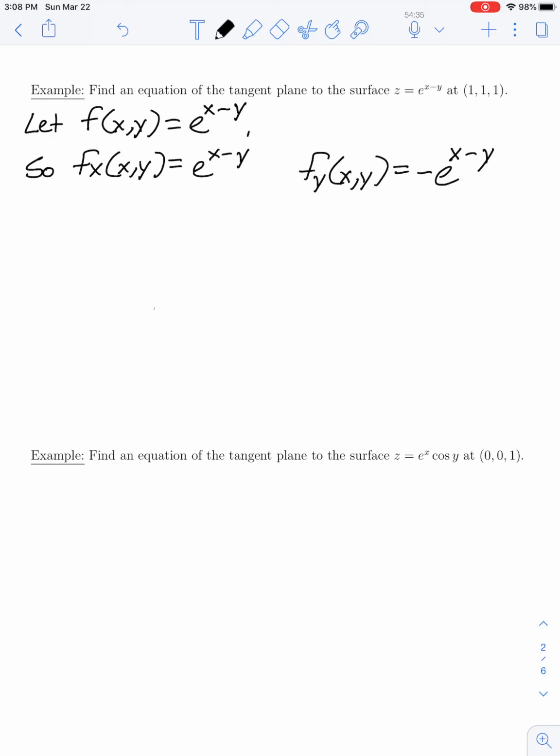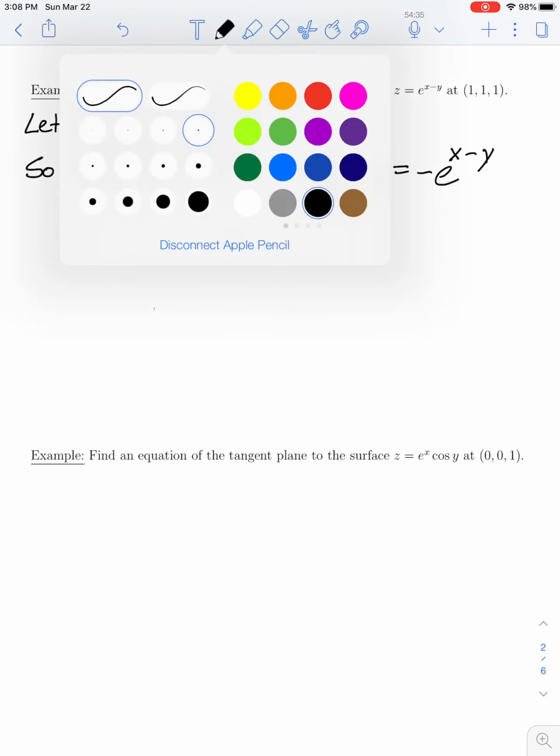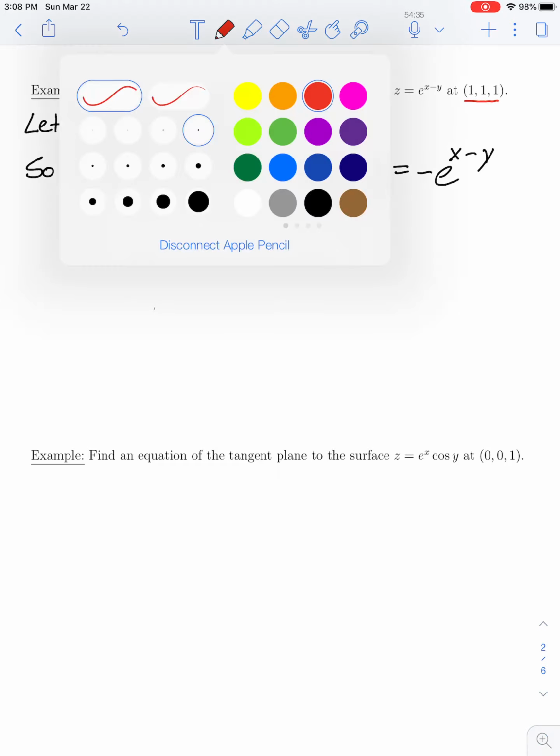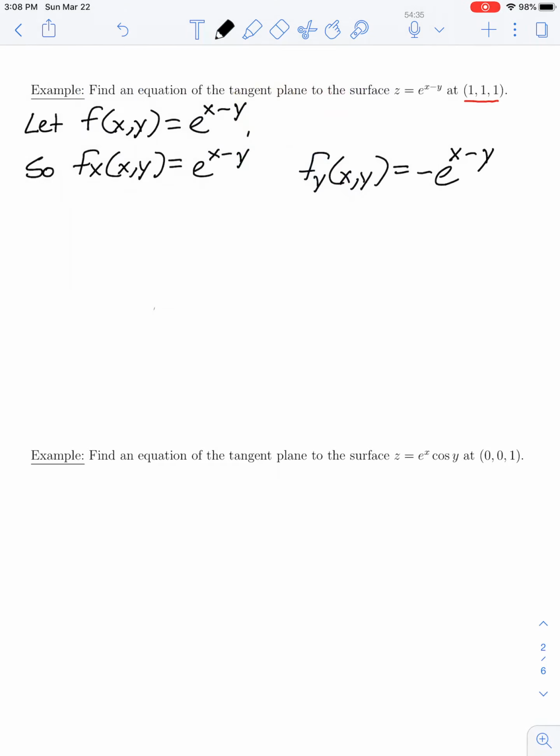So now we need to evaluate these partial derivatives at the point x naught, y naught, which in this problem is the point 1, 1. So here let's look at f sub x at 1, 1, which would be e to the 0, or 1, and the partial derivative of f with respect to y at the point 1, 1 is negative 1.